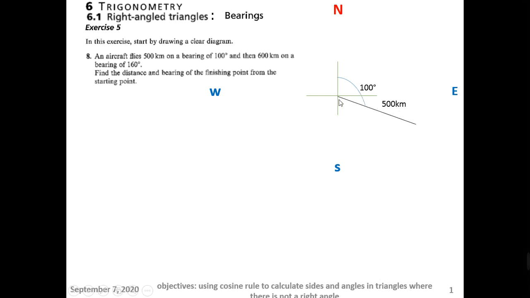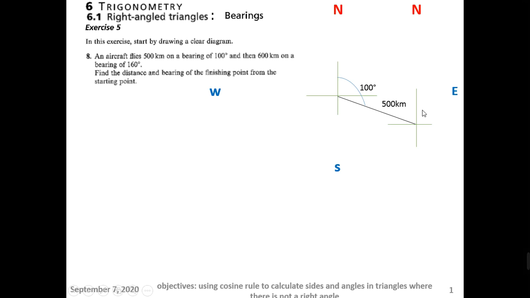Now, once you draw the first part, and if the question carries on, then you must draw once again, at each ending point, the coordinate plane as follows. So, the new bearing is 160 degrees. Again, the bearing is from this ending point here, so from the north, clockwise.